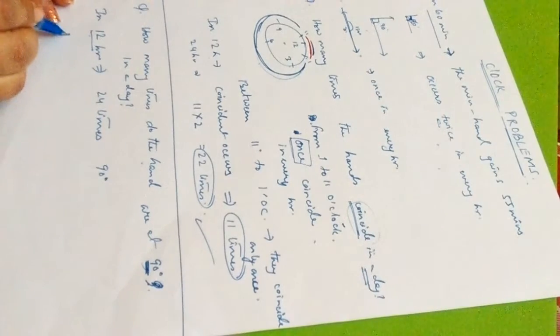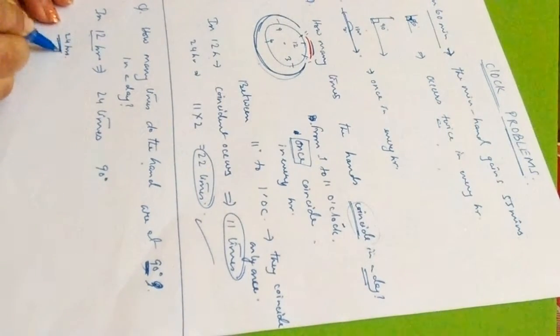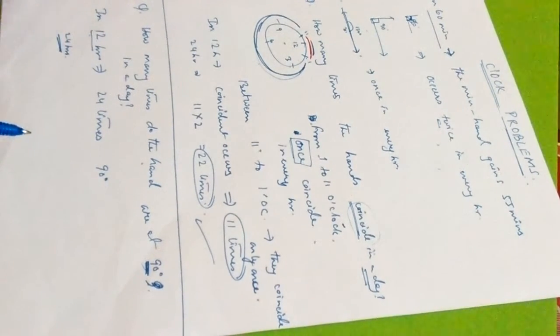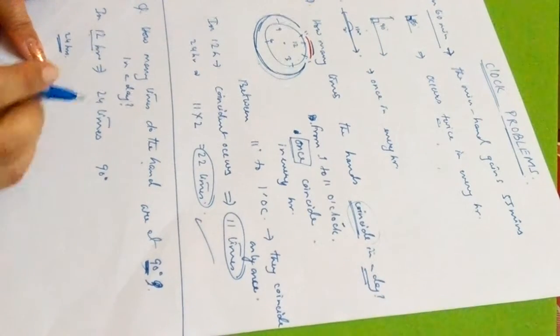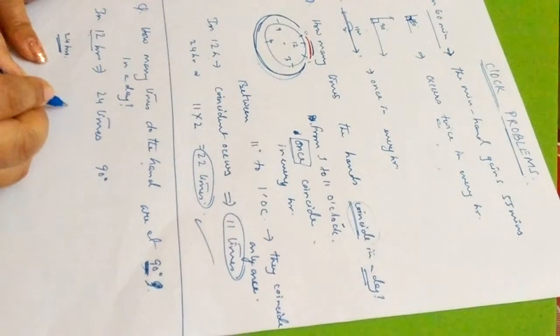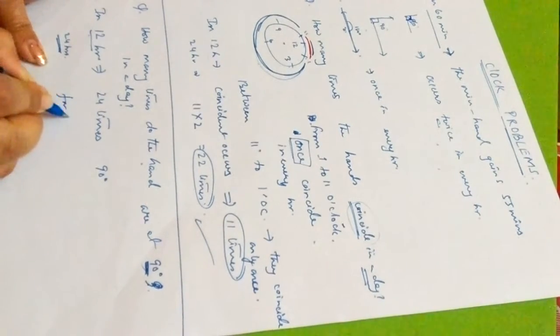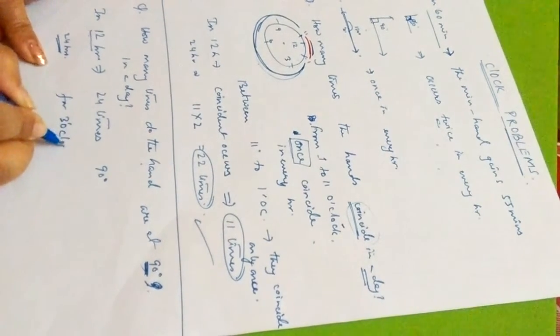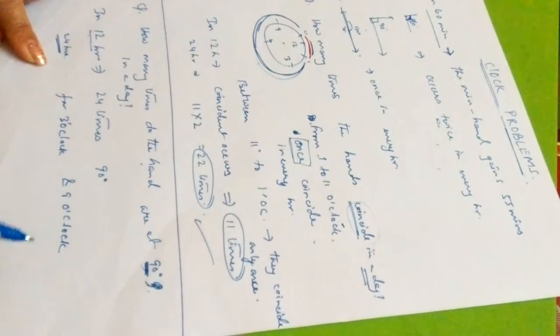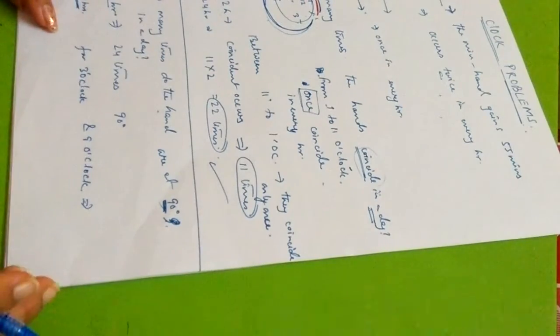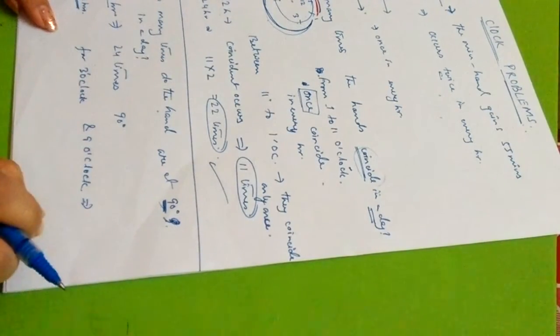Now talking about 24 hours, if you look at a watch or your dial, you can see that for 3 o'clock and for 9 o'clock, the pattern of right angle is exactly similar.